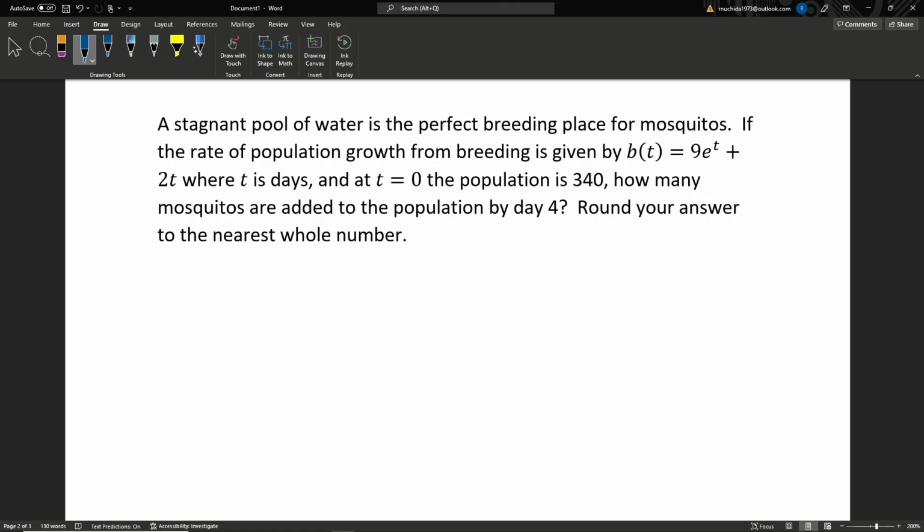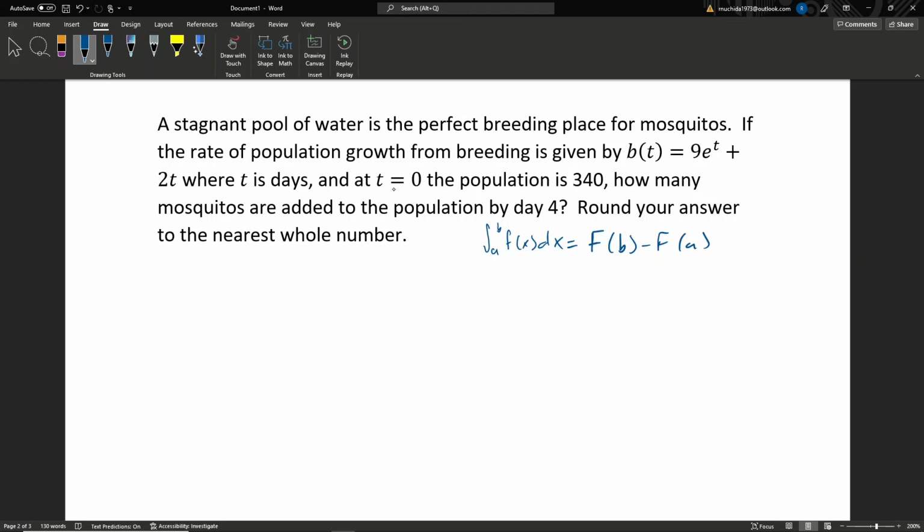Now another way you could do this is just using the definite integral, because remember, if we had the definite integral from a to b of a function f of x dx, that's equal to F of b minus F of a, where capital F is the antiderivative, and that gives the net change between the population at time a and time b.